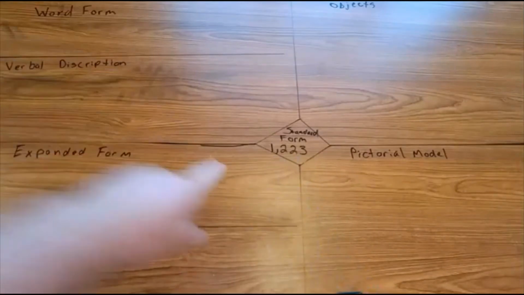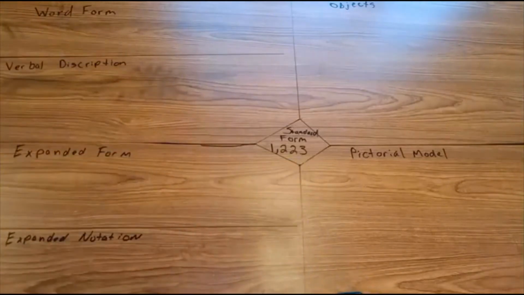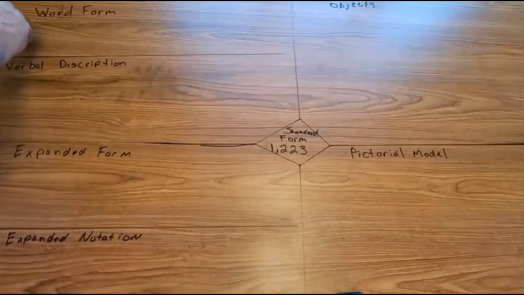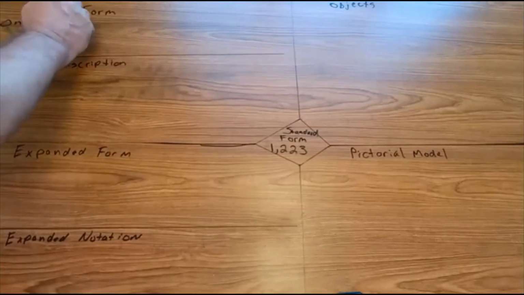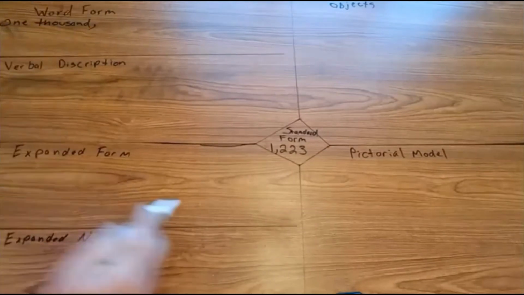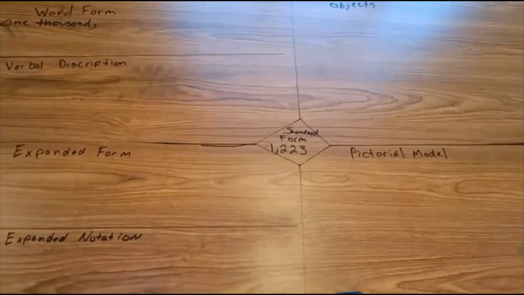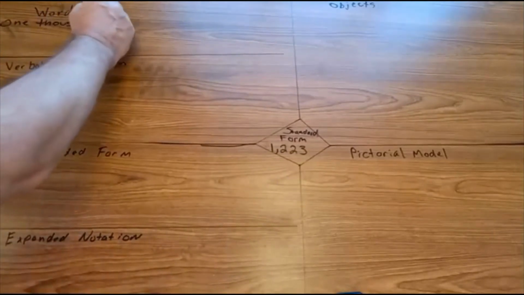So the second way I'm going to show you is word form. And we basically write it the same way that we say it. So that would be 1,000. I'm going to put a comma there just like I do when I do standard form. 200.